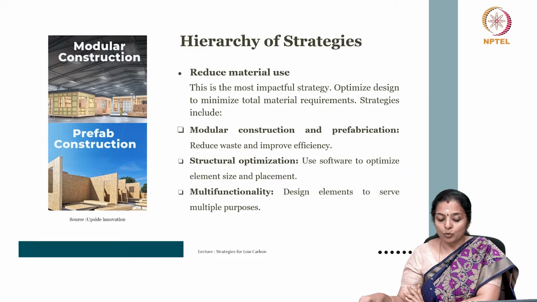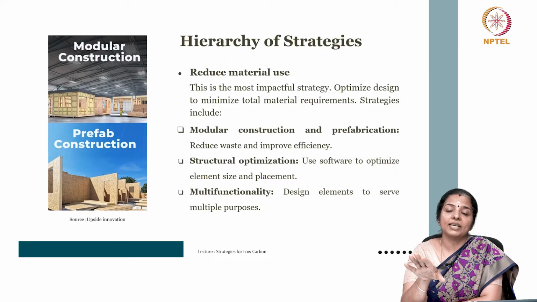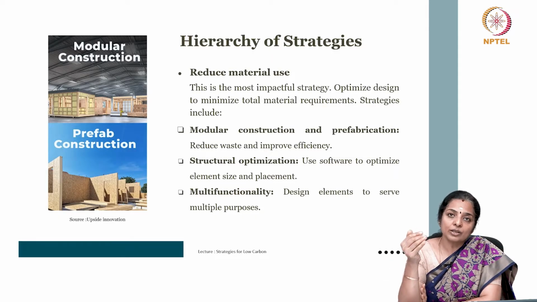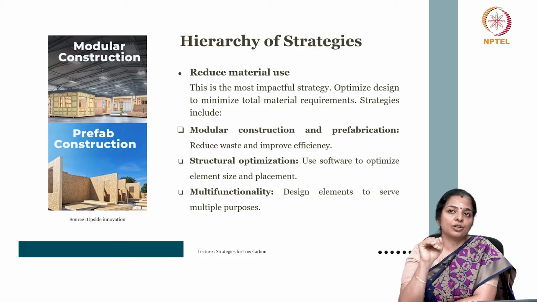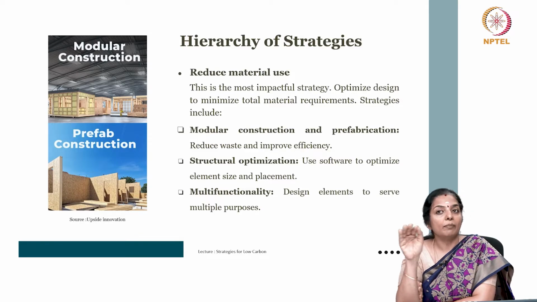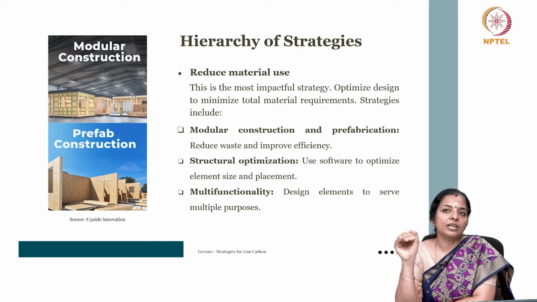So, you pre-cast or pre-construct components in a particular place, and if you do it en masse, then the savings due to multiple transportation of materials and even construction processes get reduced. Therefore, off-site production of parts and bringing it on site for erection is an important strategy.